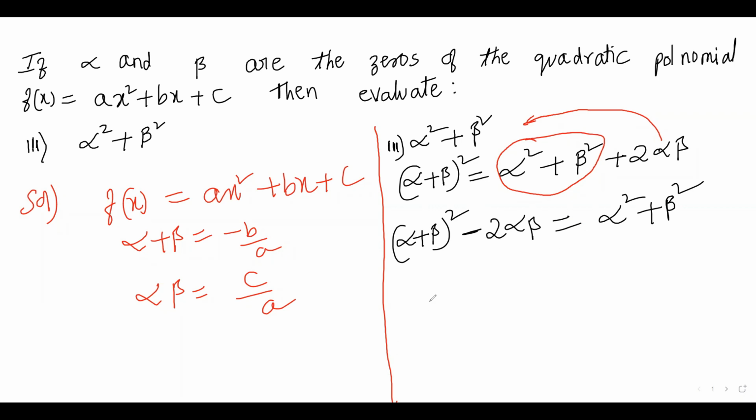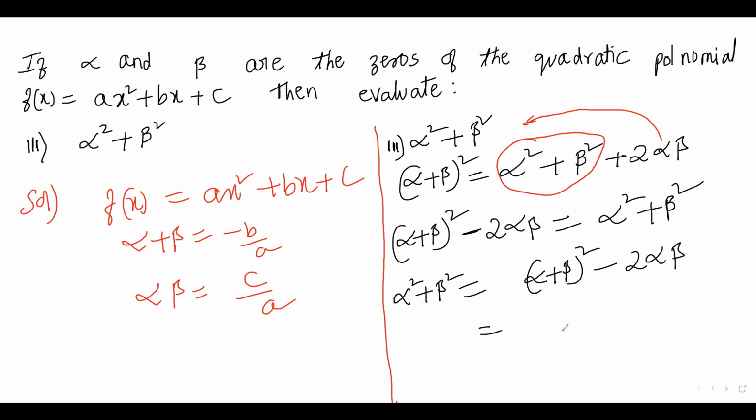Now let us substitute sum and product and find the answer. So alpha square plus beta square is nothing but alpha plus beta whole square minus 2 alpha beta. Is that okay?